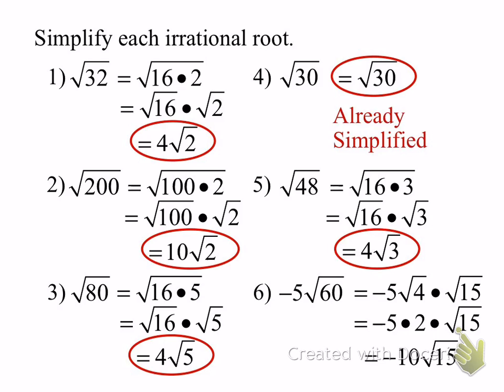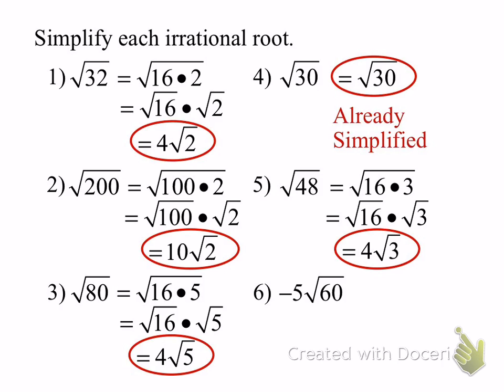Questions? What's wrong, Nicole? Okay, I'm going to go back and do number 6 a little slower. What is 60 made up of? I've got my -5. What's 60 made up of, Nicole? 30 and 2. Huh? 30 and 2. There's no perfect square in there, so can you think of one that is? 15 and 4. 4 times 15.